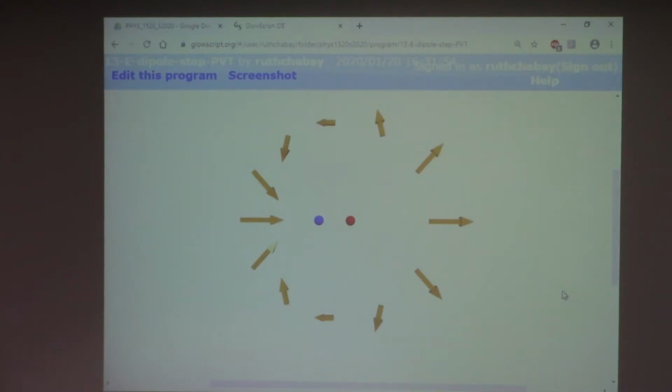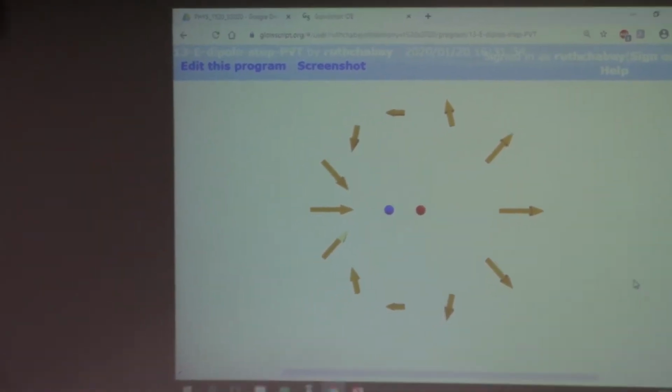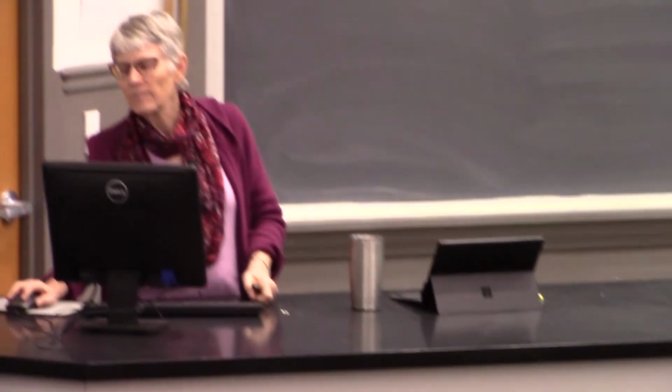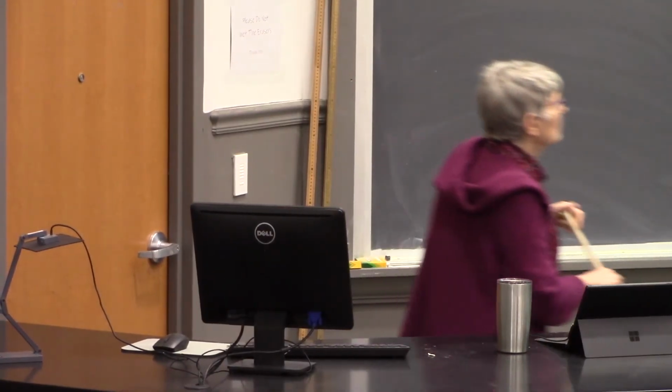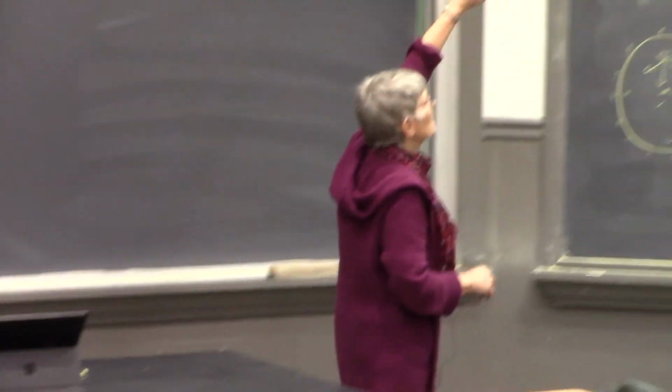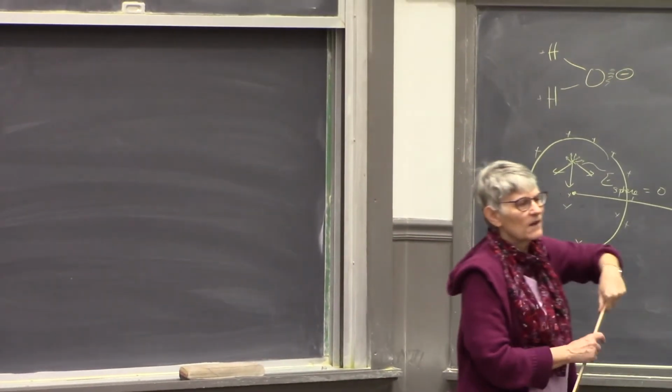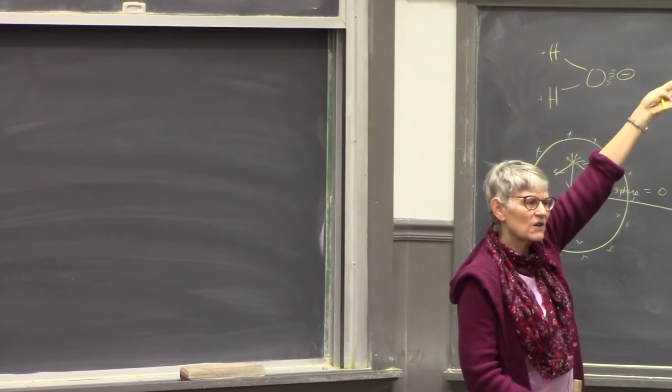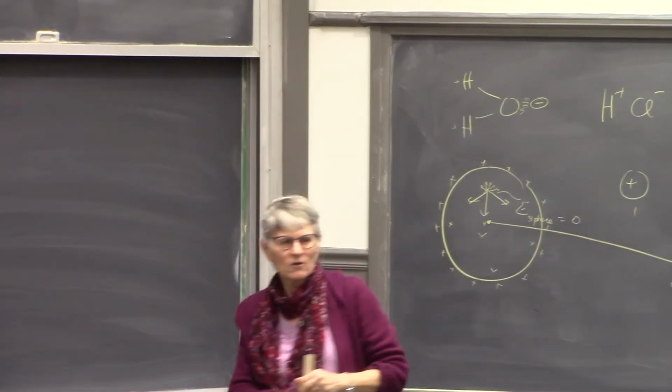And so this is a slice. Obviously, this is a 3D thing. And so presumably we could calculate the field in some other plane, say the xz plane. And in fact, it pretty much ought to look like this. If we just rotated this picture, that's what it would look like, right?